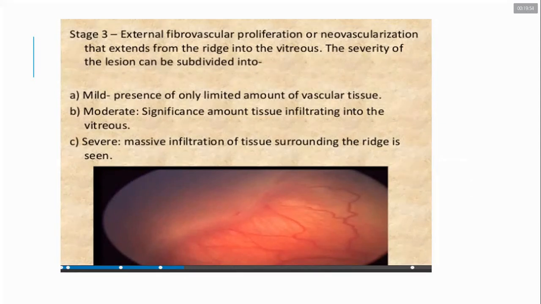In stage 3, the new vessels will extend anteriorly into the vitreous. So you can see the mild, moderate, and severe forms of this. In the mild form, there is only a limited amount of vascular tissue, in moderate you will see a significant amount of tissue infiltrating into the vitreous, and in the severe form massive infiltration of tissue surrounding the ridge is seen. So ridge extension of the new vessels into the vitreous is stage 3.